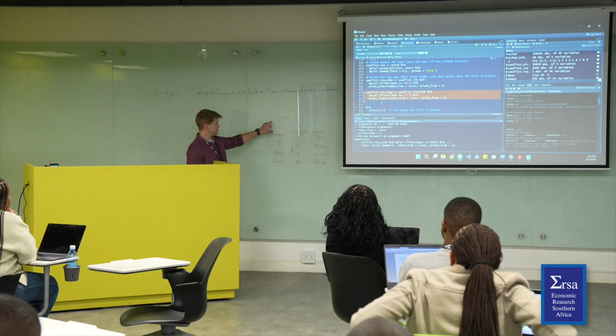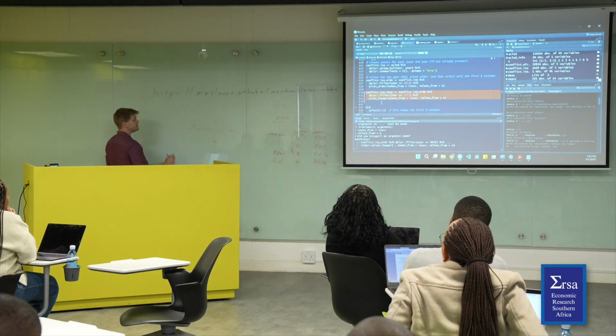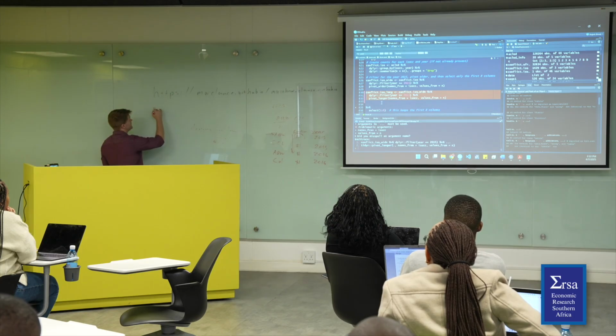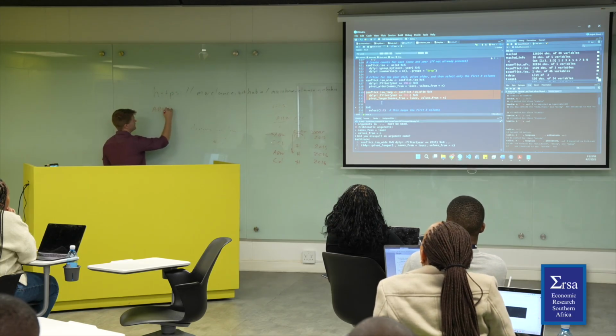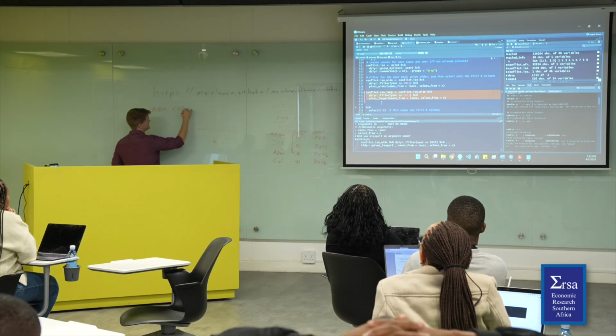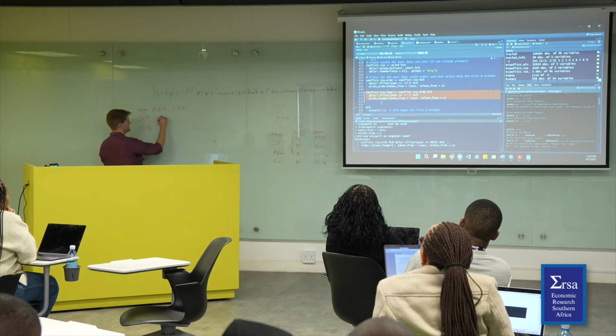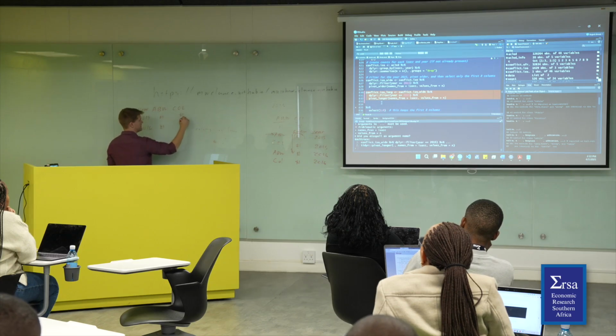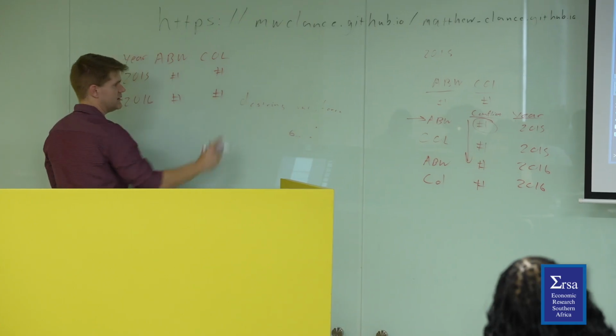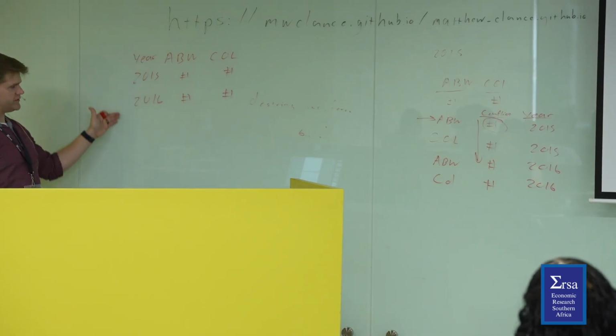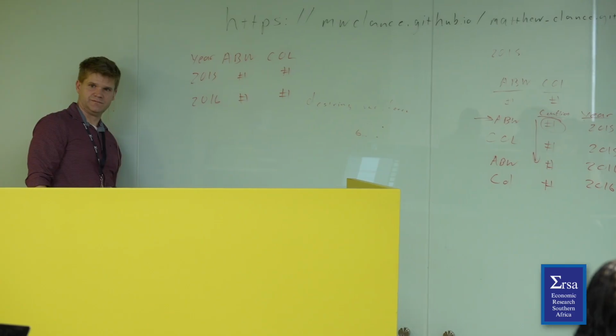If we were trying to do it in this format, though, we'd have ABW again, COL, but this year, 2015, 2016, so each year being added is pushing it down this way.